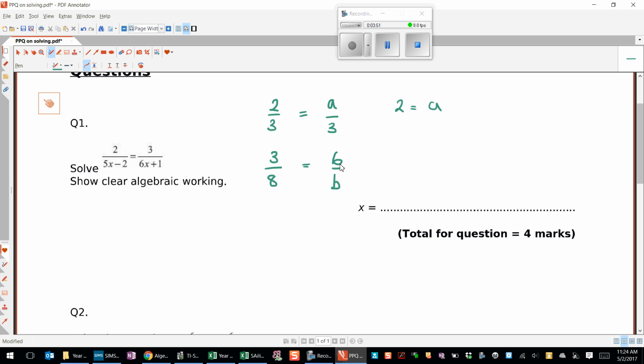Why are you saying 16, which is great? Okay, so what you're telling me is, let's manipulate this one so that we have a similar situation. So if we times by 2, we get a 6, but this has to stay the same value, so we times by 2 again, which makes 16. Now we've got a like numerator, therefore the denominators have to be the same. So 16 has to be B. Does that make sense? Yeah.